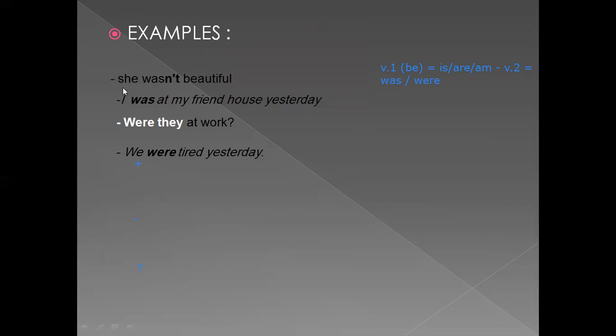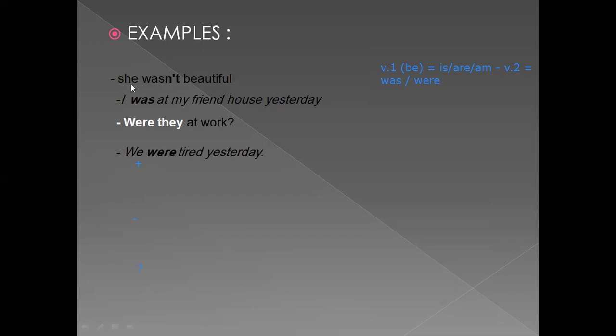So the first one, she wasn't beautiful. Okay, so here in this sentence, we used wasn't because of the subject. Okay, so grade 7, you should know that I choose to add wasn't or weren't or was or were because of the subject.